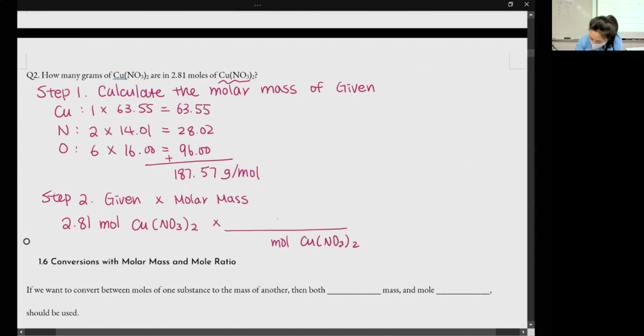And then the top will be grams of Cu(NO3)2. The grams would be 187.57 and the mole would be 1. So if I do that, I will get 527.07 grams of Cu(NO3)2.